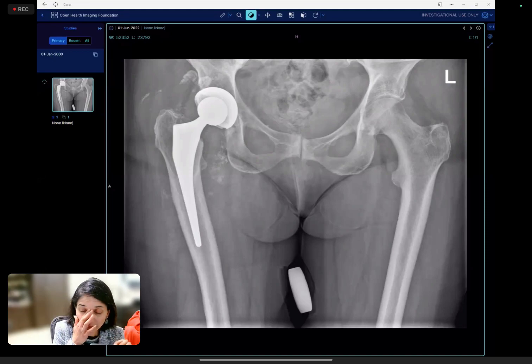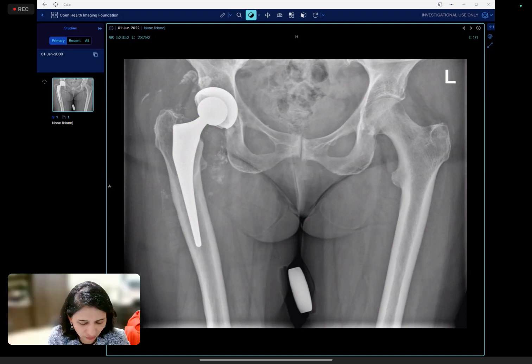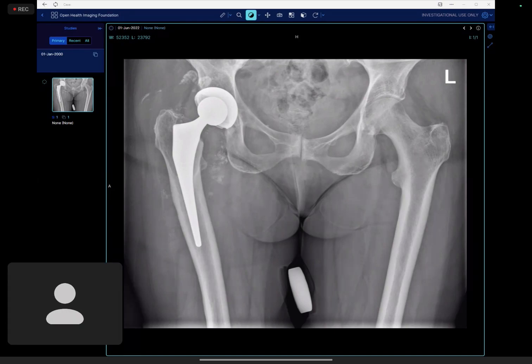So this patient is presenting with right-sided pain. I've been provided with the AP view of the pelvis and the proximal femur. I can see here that there is a right hip replacement prosthesis in situ.